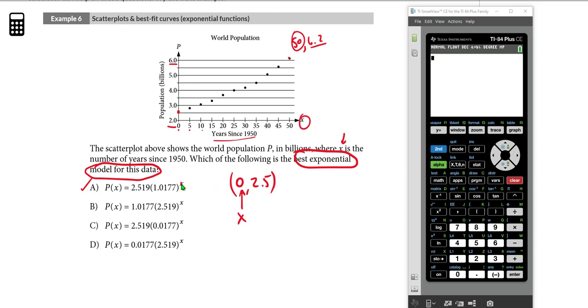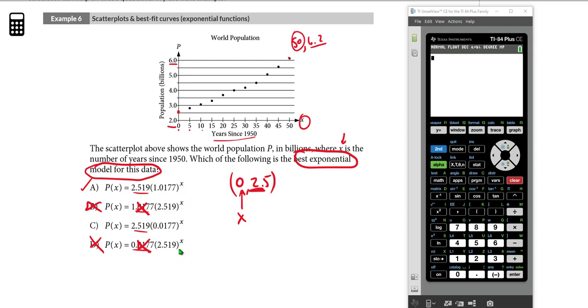Remember, when 0 goes in for all of these X's, all of these terms become 1s, which means you're just left with the values before the parentheses. Well, this guy and this guy wouldn't give us something around 2.5, right? 2.519 times 1 is 2.519. This would give us 1.0177, 1.0177. So answer choices B and D don't give us the right y-intercept.